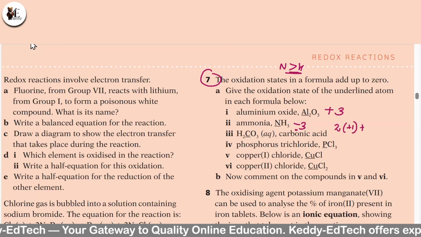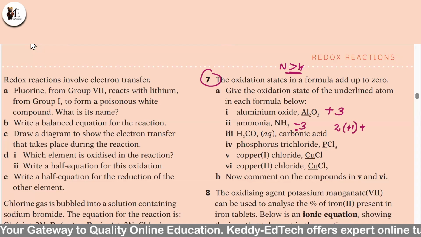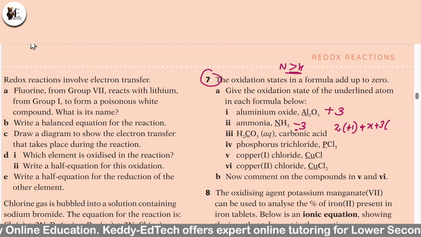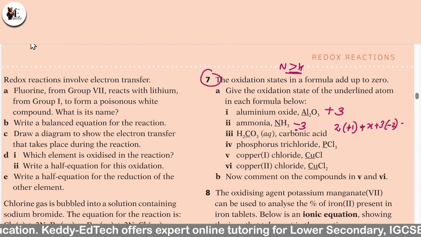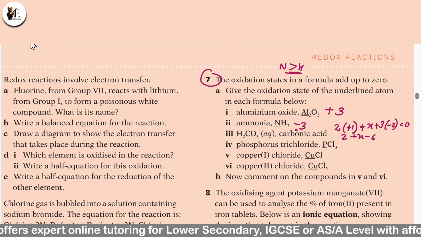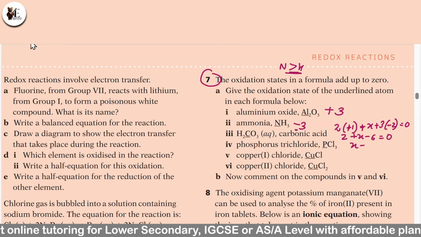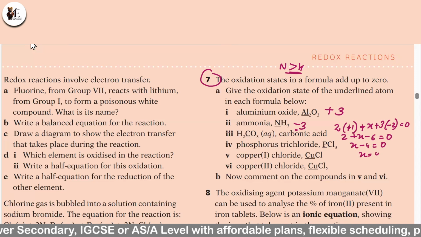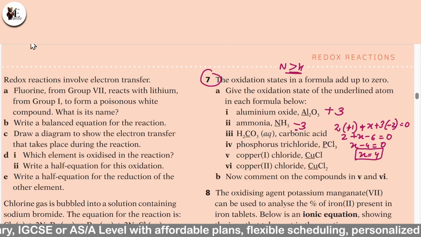Plus we don't know the oxidation state of carbon, so we write it as X. Plus there are 3 oxygen atoms and the oxidation state of oxygen is -2, equal to 0. Then 2 plus X minus 6 is equal to 0. Then X minus 4 is equal to 0. So the oxidation state of carbon in carbonic acid is +4, not +3. Okay.